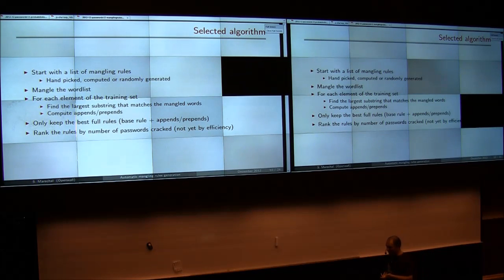Which means that if these rules crack 20 passwords, and you have another rule that considers all the words on the word list and that cracks 30 passwords, it will actually be a little less effective in terms of passwords cracked per password tried. So my tool right now only ranks the rules by number of passwords cracked, not by efficiency, but it will be corrected in the near future.